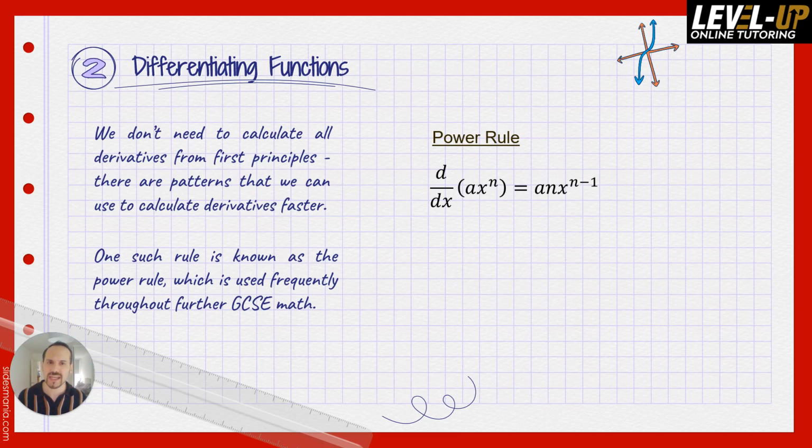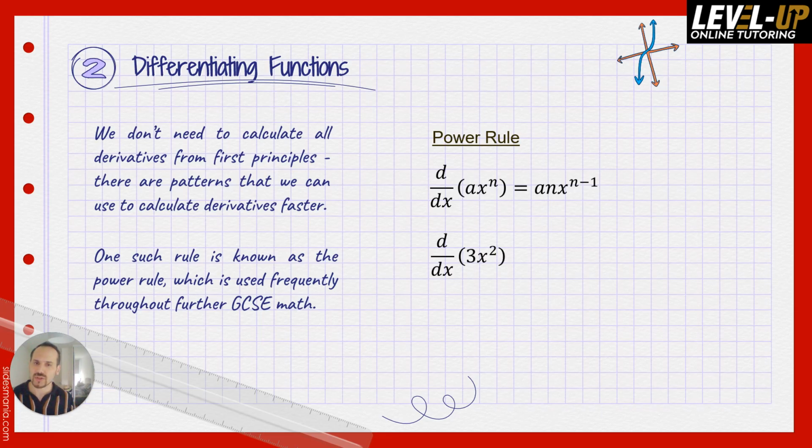So what actually is going on there? Notice all that's happening is we're essentially multiplying by the power, and then we're knocking one off the power. Whenever we have something of that form, like a monomial, just a number times a variable to some power, it's always going to follow this pattern where you end up multiplying by the power and then knocking one off the power.